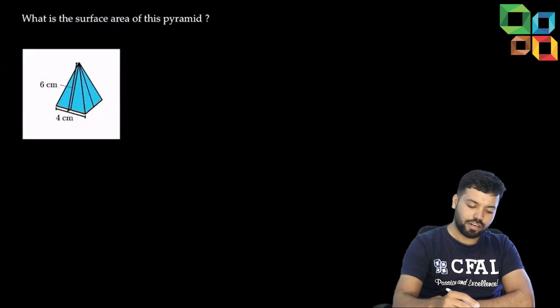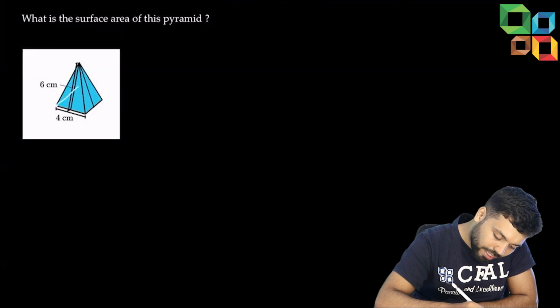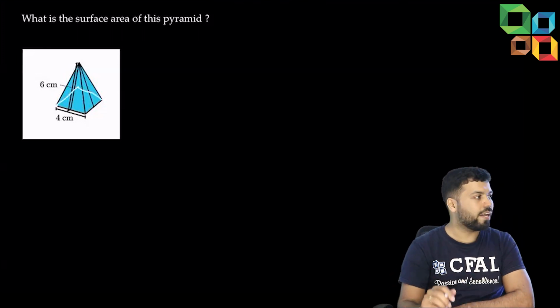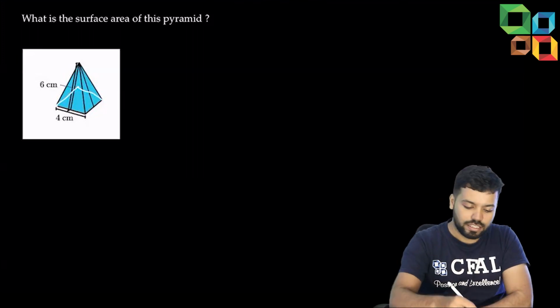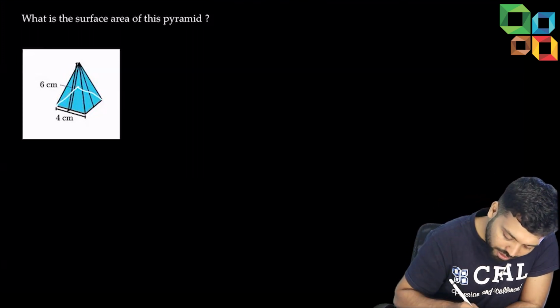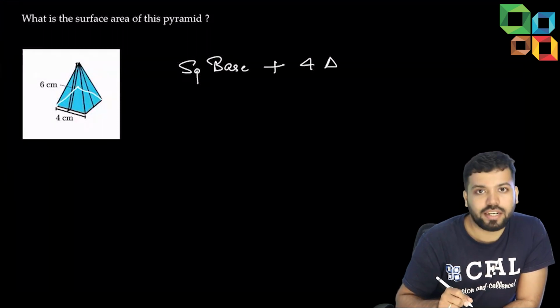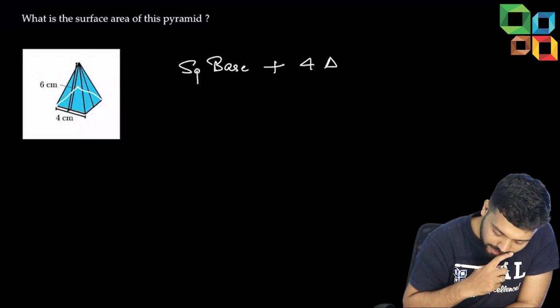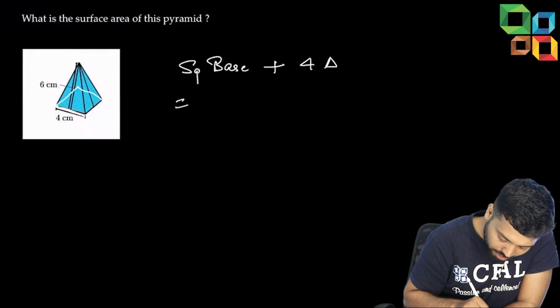First of all, we have a square base. So if you draw this, complete this pyramid, we have a square base like this, and then we have 4 triangles. So the surface area will be square base plus 4 times triangle area. Correct. Square base area will be, we know that this is 4 centimeters.